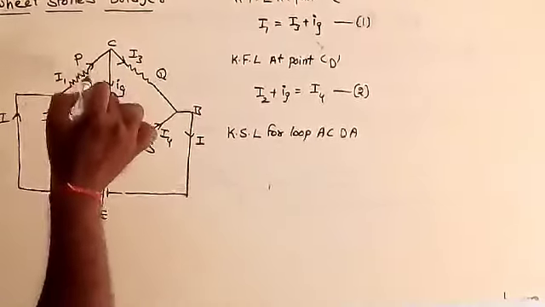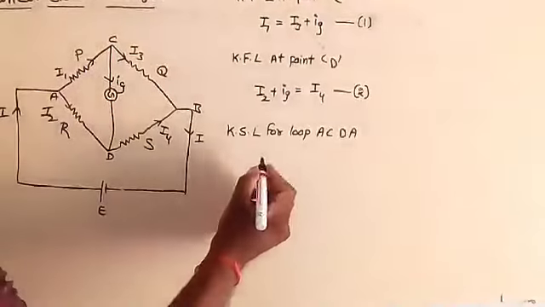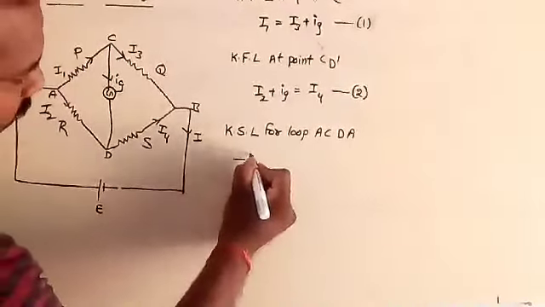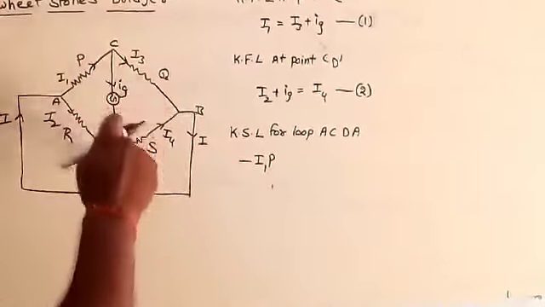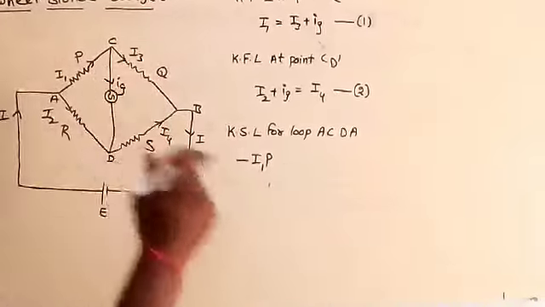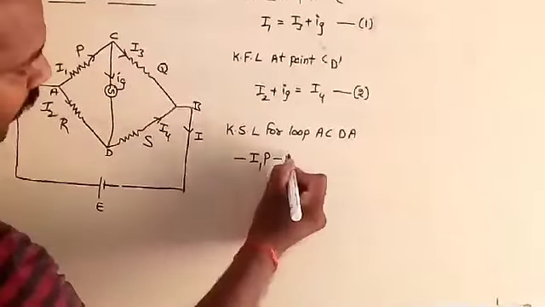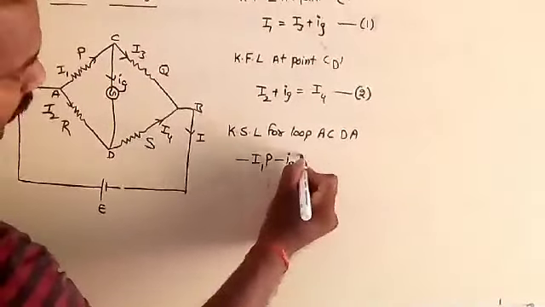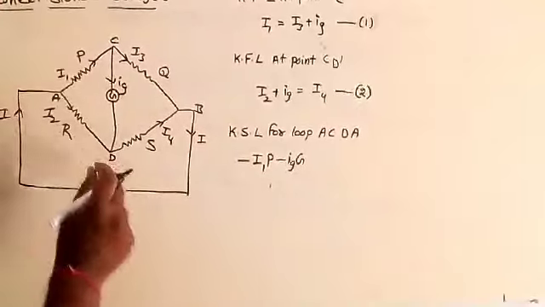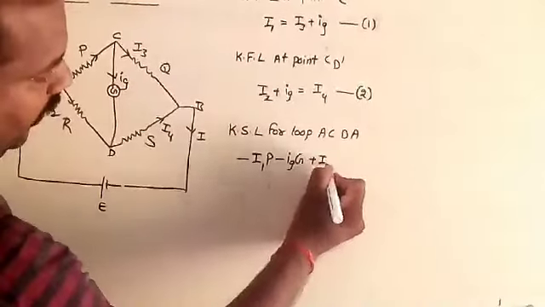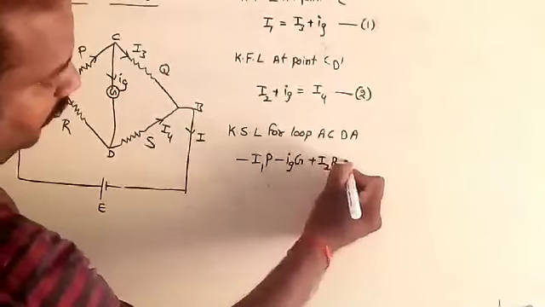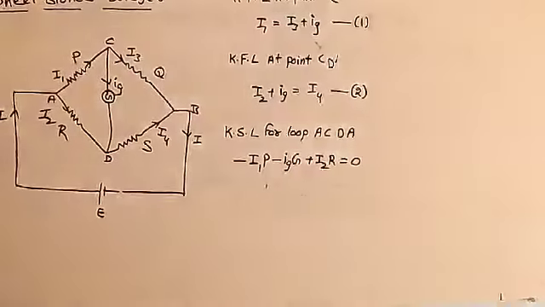From A to C, the direction of current is the same, so you get minus I1 P. From C to D, again in the direction of current, you get minus IG G. But D to A you are traveling opposite, so you get plus I2 R. So that is equal to 0.